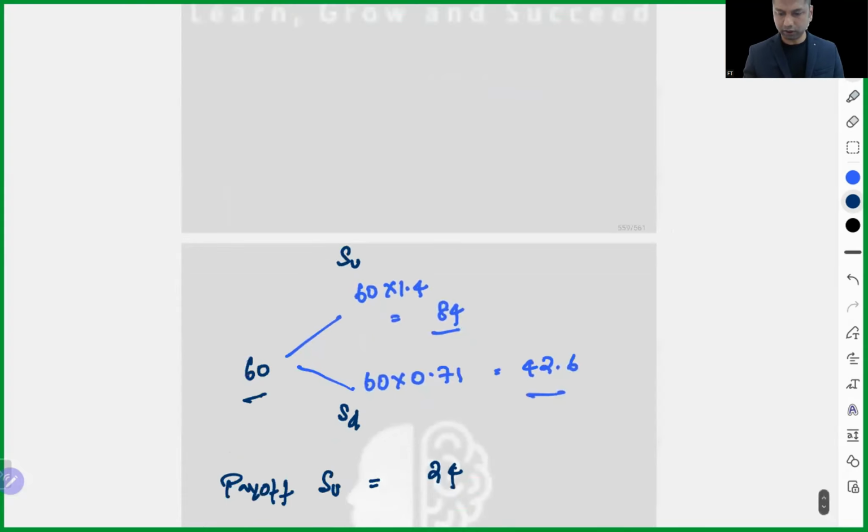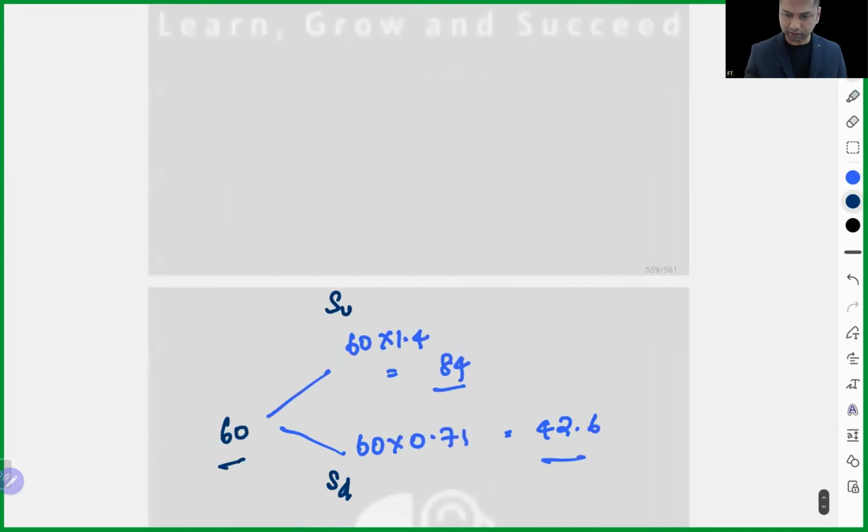And we now know the probabilities as well. I have the probability as 0.519 for up move, and for the down move, I have it as 0.481. You might have a slightly different number, it's fine. Now, should I apply this probability on those 84 and 42.6?